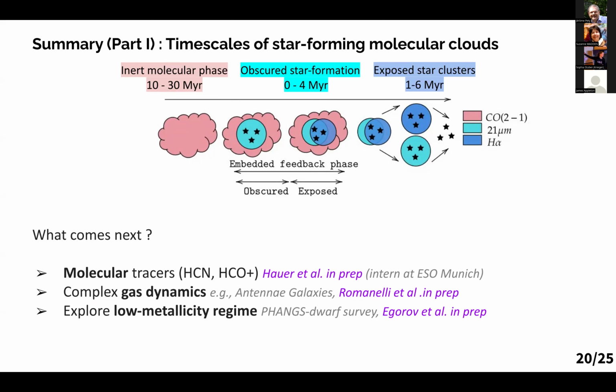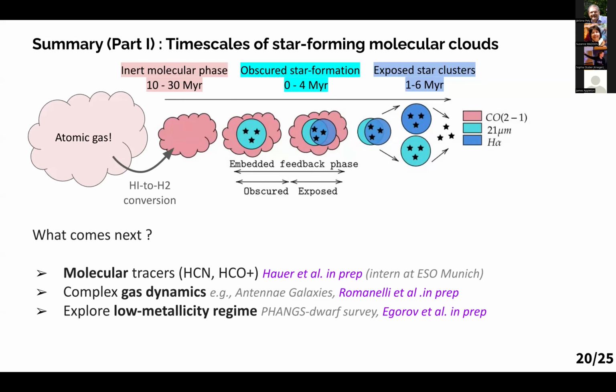There are also applications coming up on galaxies that are undergoing complex interaction, for example, interacting galaxies like the Antennae. And one idea would also be to explore a bit more the low metallicity regime, where there might be some difference in the timescale, with a PHANGS dwarf survey that is going to extend a bit the metallicity range probed in PHANGS.